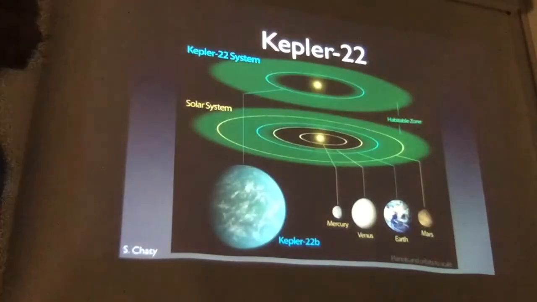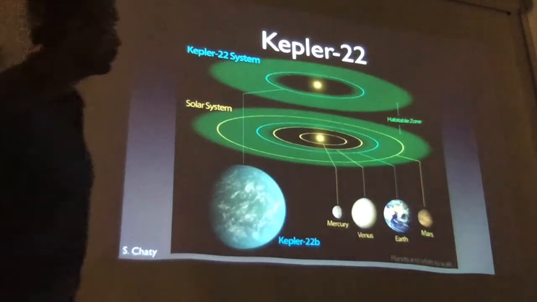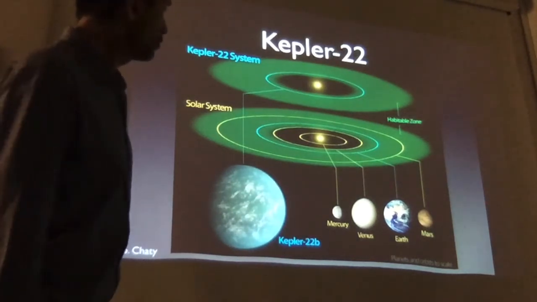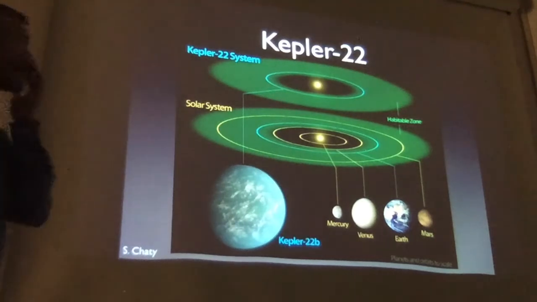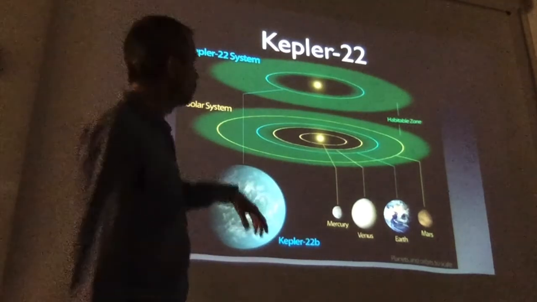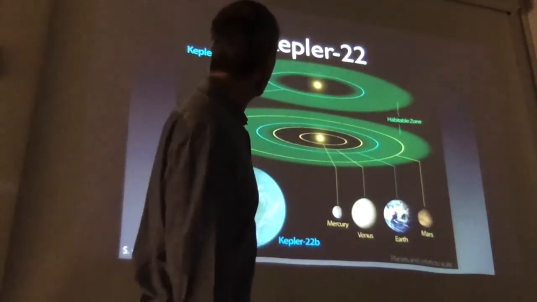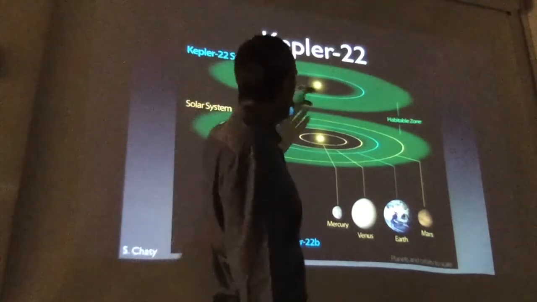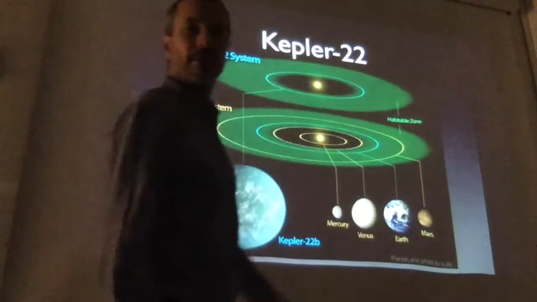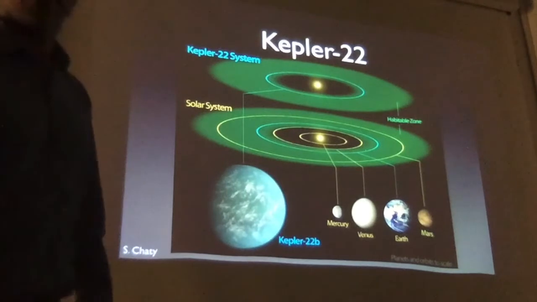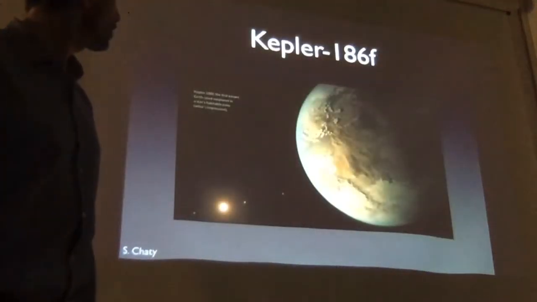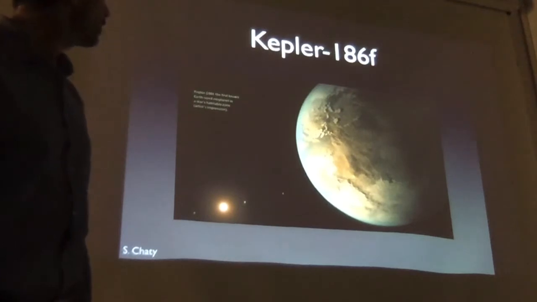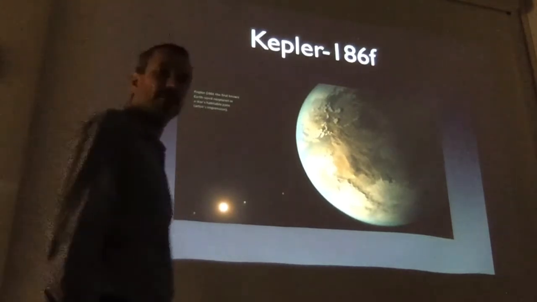Okay, now I had also Kepler 22. Kepler 22, I just show you some example to show you that we have a huge diversity of exoplanets. Kepler 22 compared to the habitable zone that I will describe later. This is another one which is, well, this is an artist's impression.